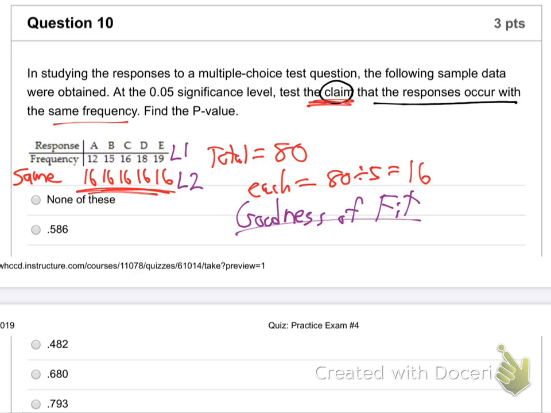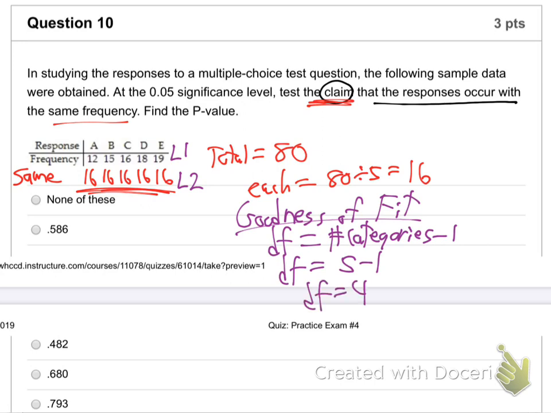What's the degrees of freedom for the TI-84 people? Number of categories minus 1. How many categories? 5, so the degrees of freedom is 4.